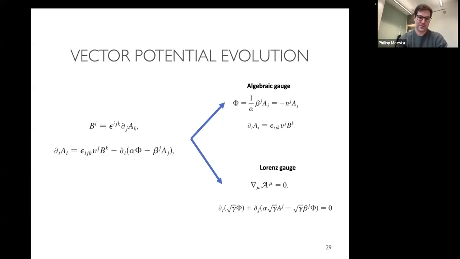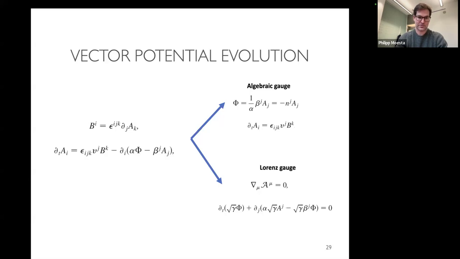If we write down the magnetic field as the curl of this vector potential A, then if we take the divergence of the curl of something, we're automatically guaranteed that it's divergence free. So in this method, instead of evolving the magnetic field directly, we evolve a different variable, namely this vector potential, as part of our state vector.